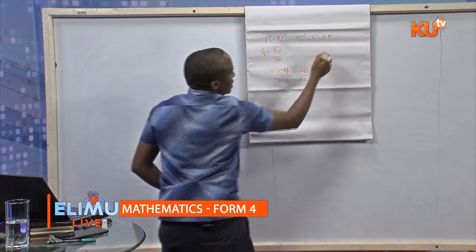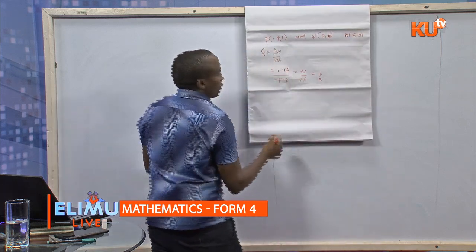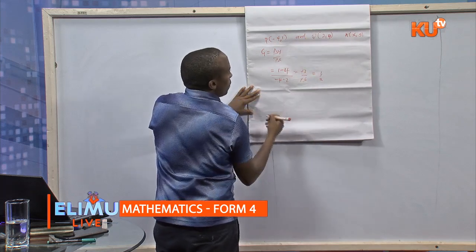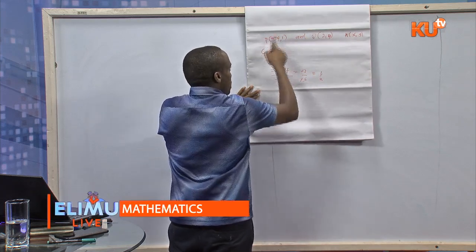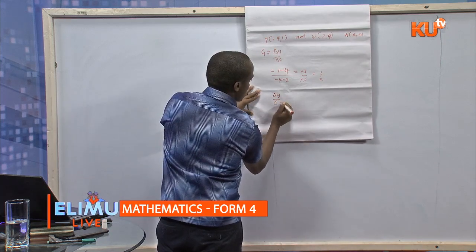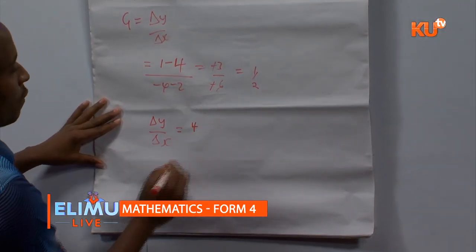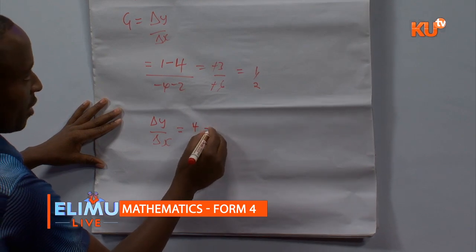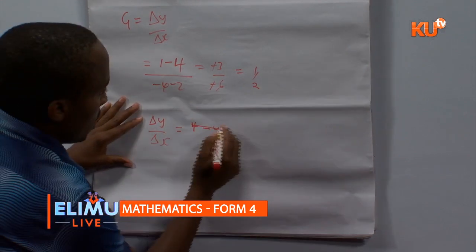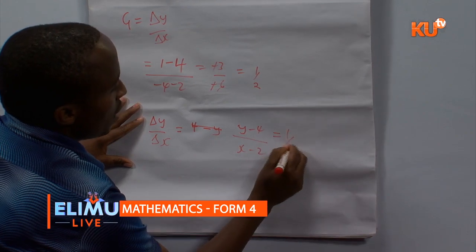For the equation, we let any other point, maybe point A, be (x, y). So you just take this point and any known point to find the equation of that line, line PQ. Change of y over change of x is equal to y minus 4 over x minus 2, which is equal to a half.